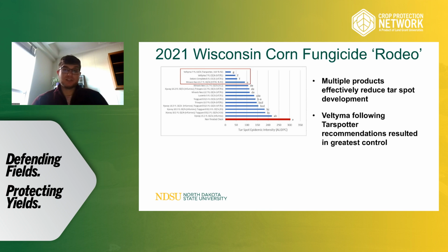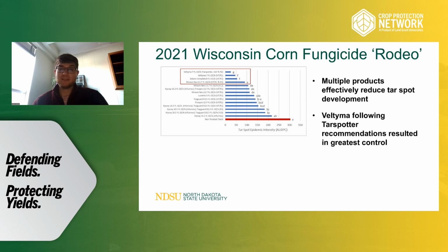So this is showing that disease progress through the entire season. 3 different ratings were taken at the growth stages of R3, R4, and R5. We can see at R3 on the far left-hand side over here that we do not have any disease and very little disease developing at this point.